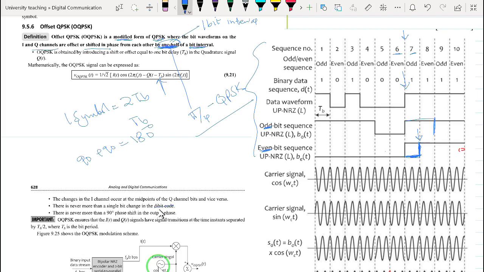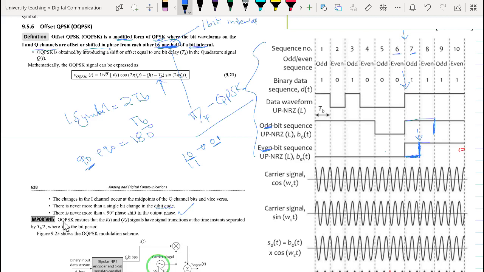So what we see is that the transition that is happening here can represent only 1 bit change. So you can only move from 10 to 11 and never move from 10 to 01. They cannot change at the same time. So for that reason, we will only be having a transition that is a maximum of 90 degrees phase shift. And therefore, that is what that statement means.